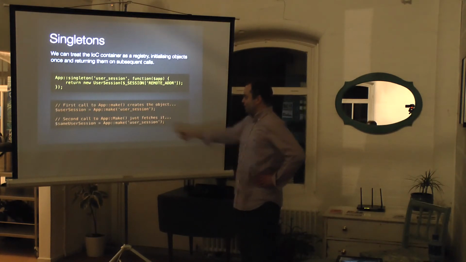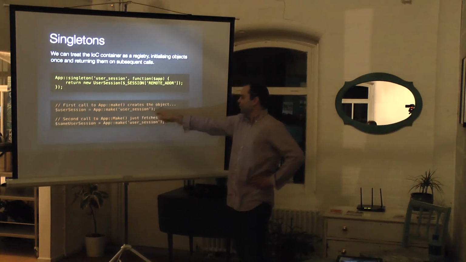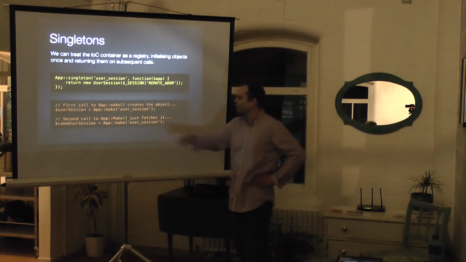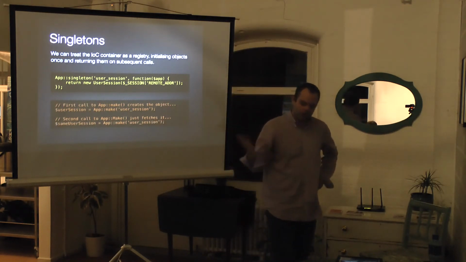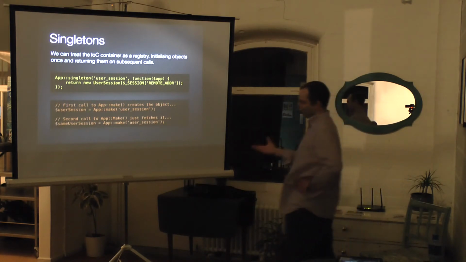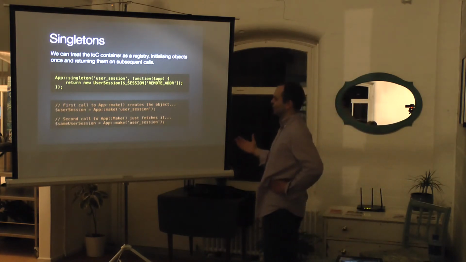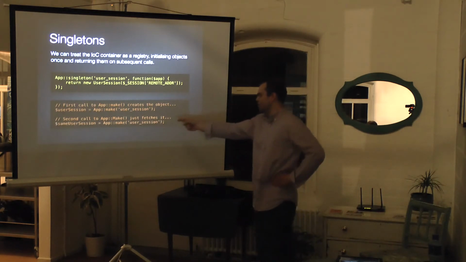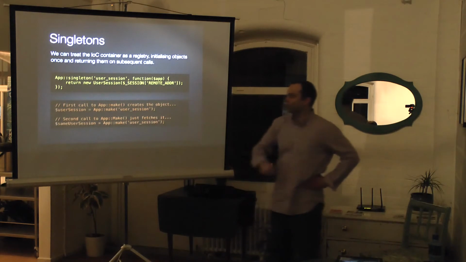The first call to app make, same syntax, user_session, that will create this session object, so that's instantiated. A second call to it fetches that object. It's already been created, doesn't need to be created again. So you don't have to worry about multiple objects being created and getting lost and confused. Any number of calls to app make user_session after the initial call will just fetch.